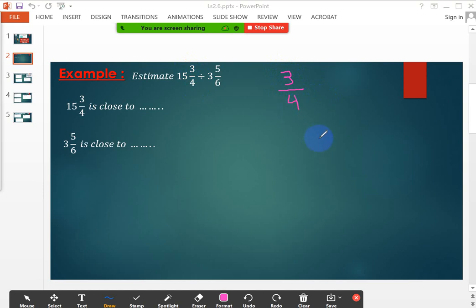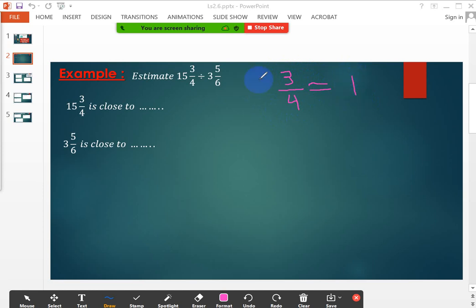The numerator is close to the denominator. That means if I want to estimate this number, it will be a whole, that means 1, because the numerator is close to the denominator, the difference between them is only 1. So I can round this fraction into a whole, that means into a 1.